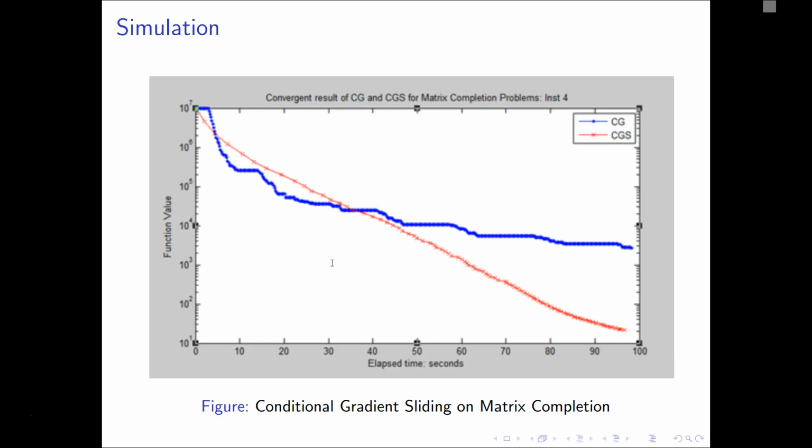So this is applying the gradient sliding to the conditional gradient and applying this algorithm to the matrix completion problem. You see that this blue line here is the usual conditional gradient, and this red line here is the conditional gradient sliding algorithm. So it's much better than conditional gradient, and we're happy to see that.